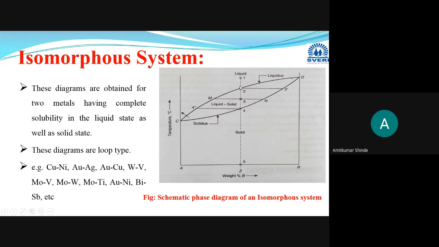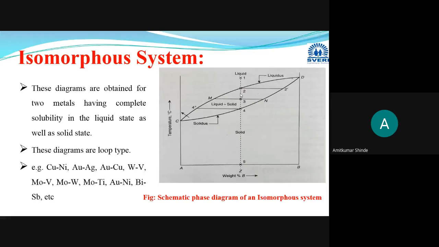Then when temperature reaches point 2, the solidification process will start. Solidification or freezing of that alloy will start. And when temperature is decreasing below this point 2, the amount of liquid will decrease and the amount of solid will increase.